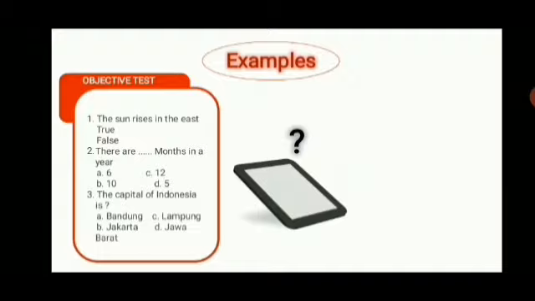So the answer is C, because we know that a year consists of 12 months. Number 3, the capital of Indonesia is, so we must choose Jakarta or B as the best answer. So we can conclude that there's only one correct answer in an objective test.